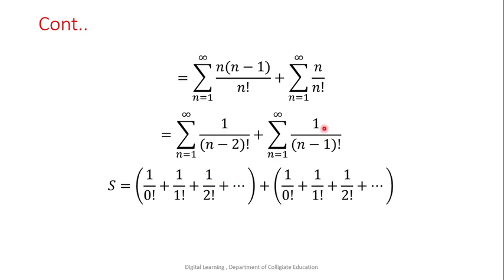Similarly, here also expand the summation. We get 1 by 0 factorial plus 1 by 1 factorial plus 1 by 2 factorial, which is nothing but e. Therefore, we get the answer e plus e is equal to 2e.